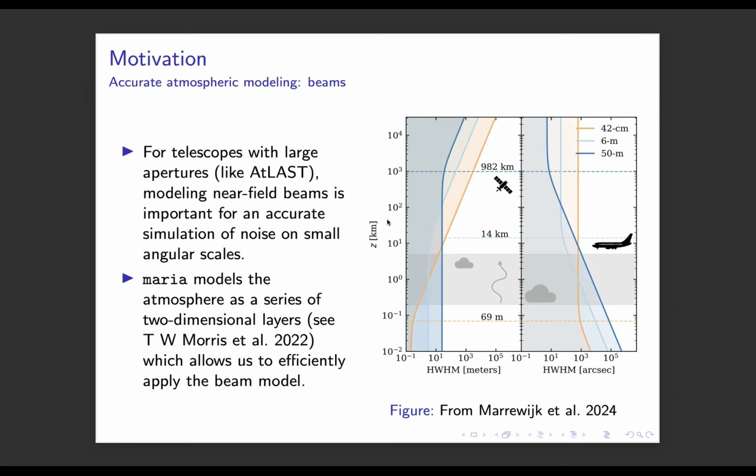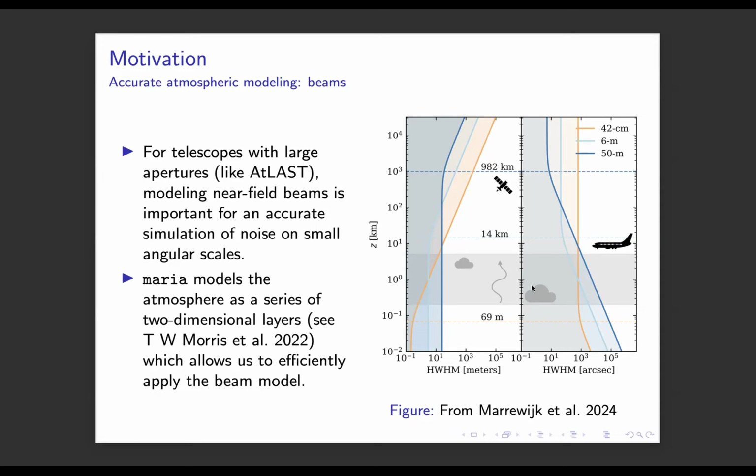For large telescopes like AtLAST with a big aperture, the effect of the near field beams is very important. This figure on the right shows both the physical size of the beam on the left and the angular size of the beam on the right. And this gray strip between about 10 meters and a kilometer is where most of the atmosphere is located.